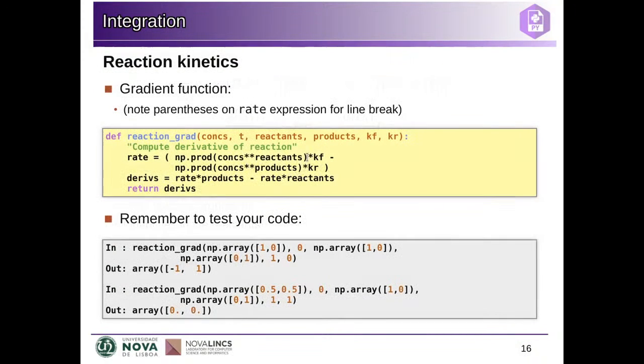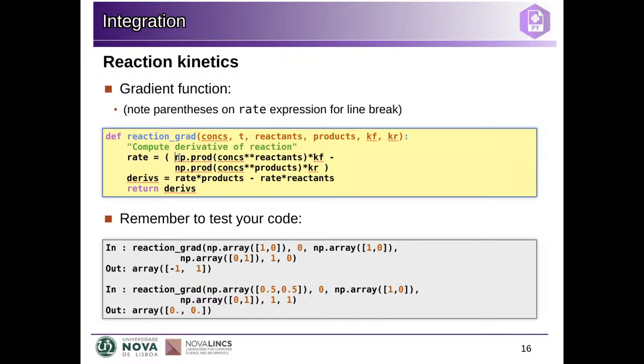So we can do this easily here in one instruction, because this vector has as many elements as the number of species we have in the solution, and this one also has as many elements as the number of species we have. So we have the stoichiometric coefficients for each of those species.